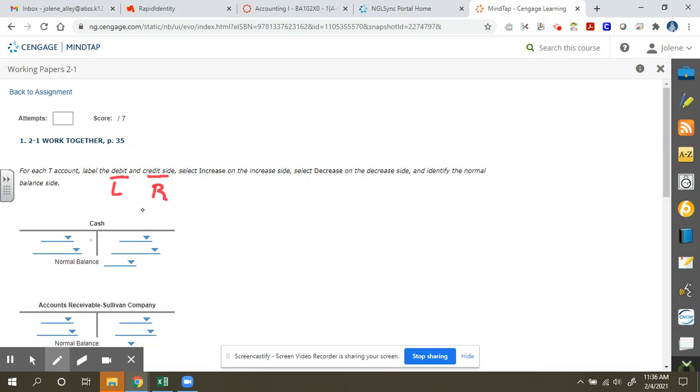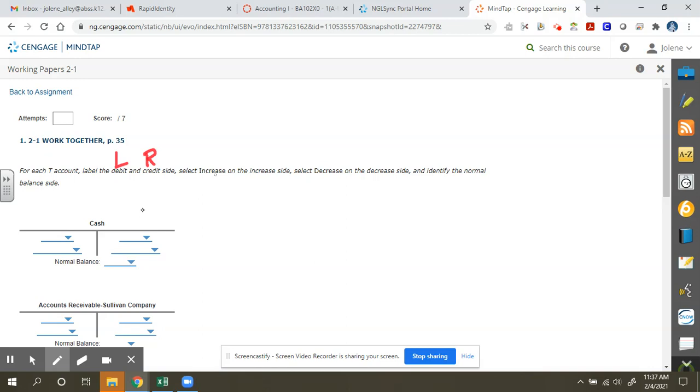So you can go and fill those in, those first 2 lines for every one of them. Let me do this better. So debit is always on the left, credit is always on the right.